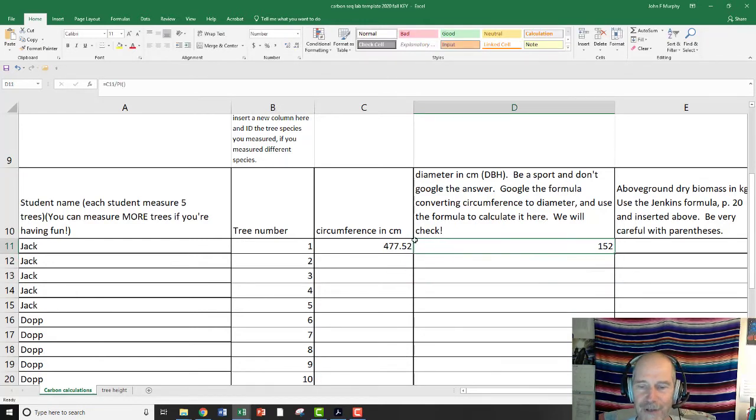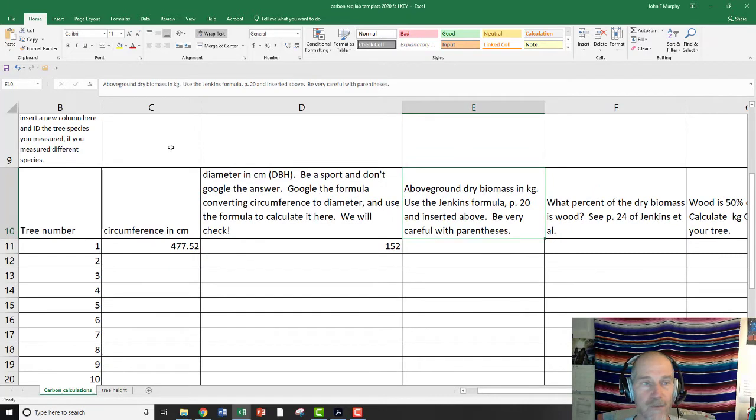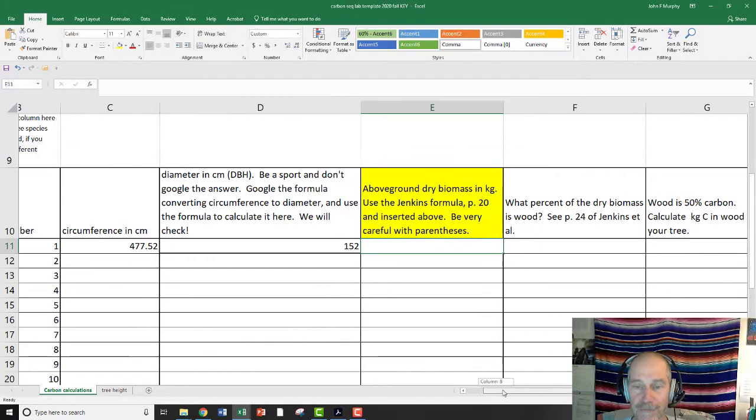Turns out you have to put in equals pi and then open and close parentheses. Why? I don't know. But that's how you get 3.141592654. And this is the right number. 152 is the diameter.